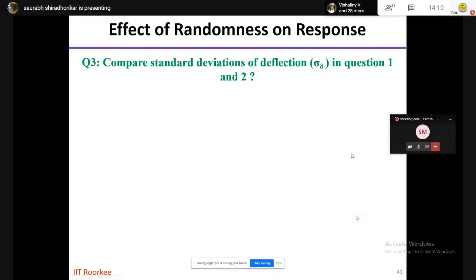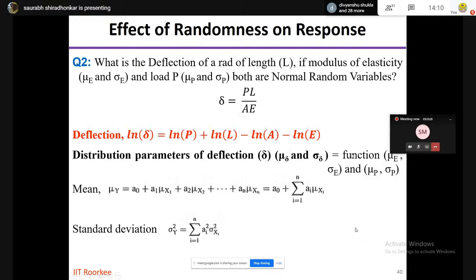So if you look at the formulation, particularly the standard deviation, it is the sum of squares of standard deviations of the independent variables, which in this case are modulus of elasticity and load, while the mean is simply the summation of that of the mean load and mean modulus of elasticity.